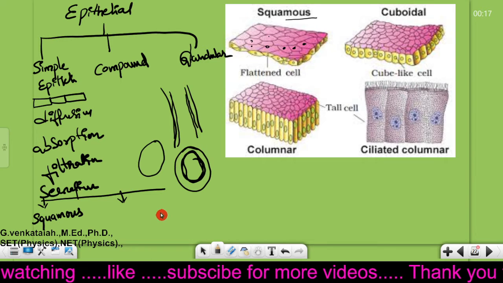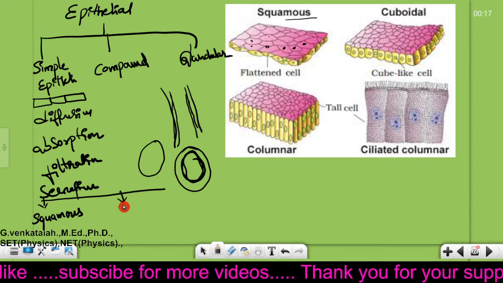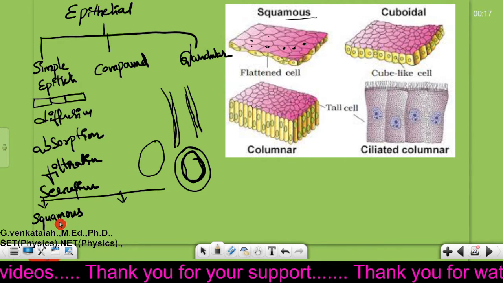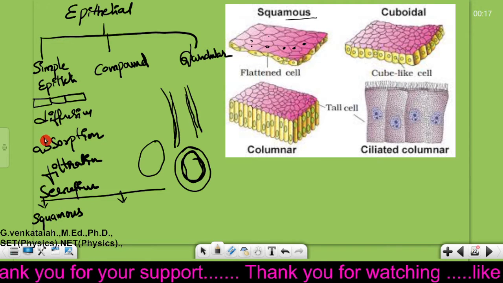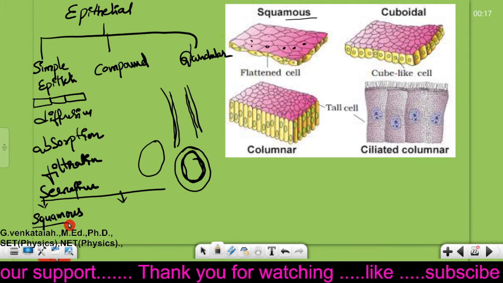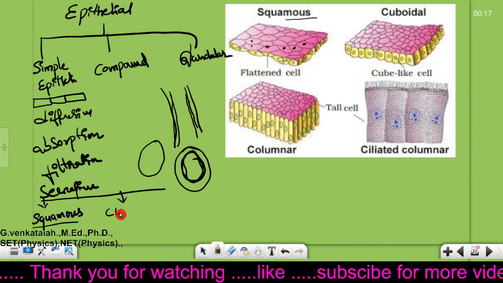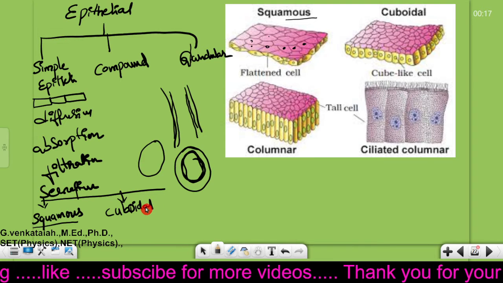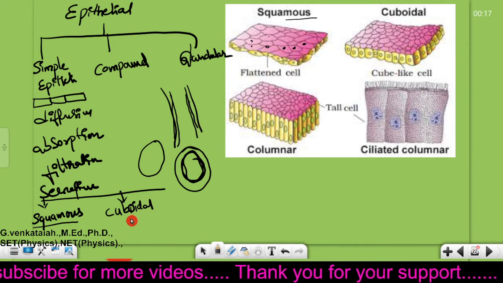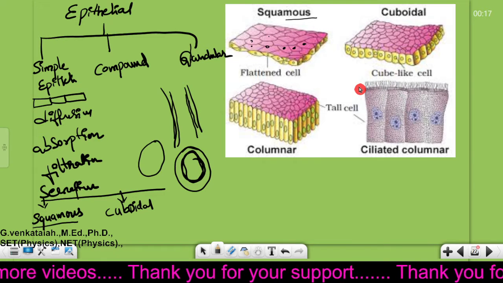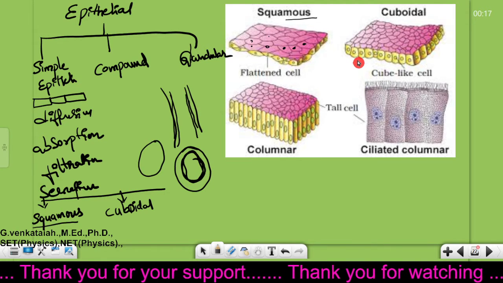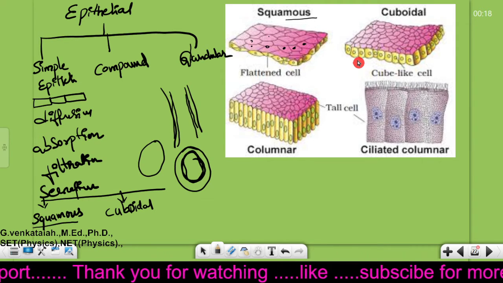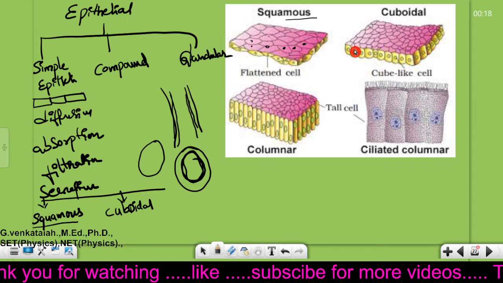Next, we are studying simple epithelium, classified by the structure of the cells. Second one is cuboidal. Simple cuboidal epithelial tissue means the cells are cube-shaped, with a specific nucleus.